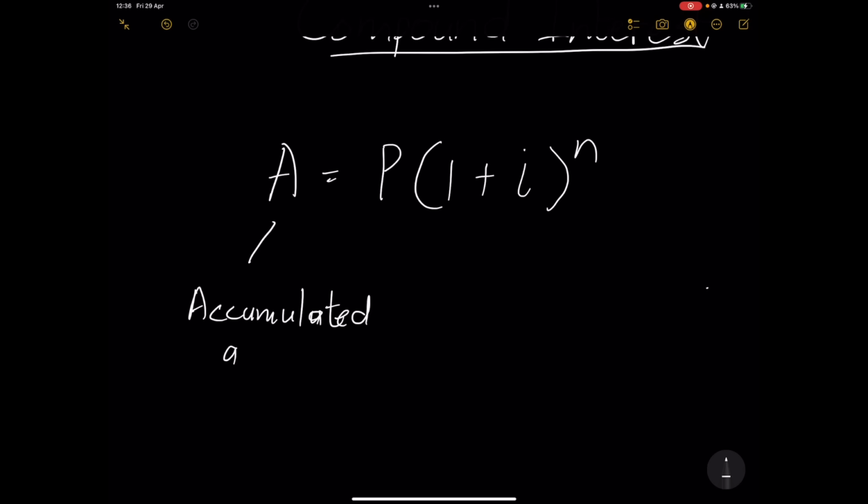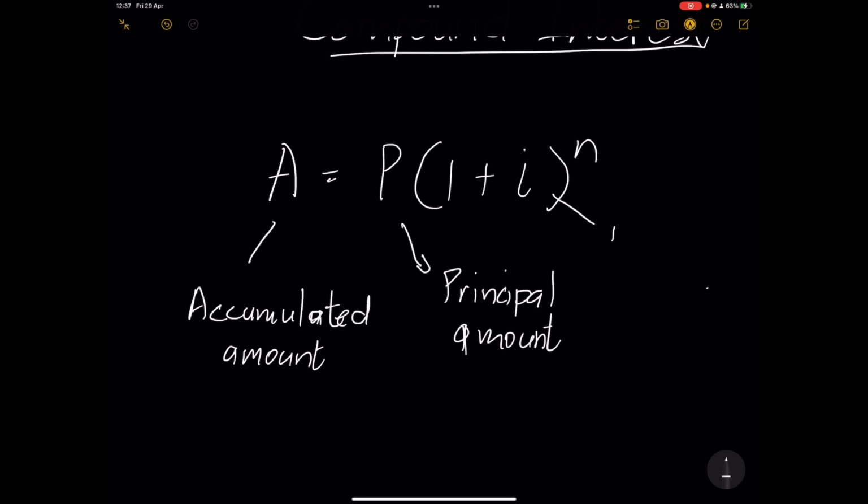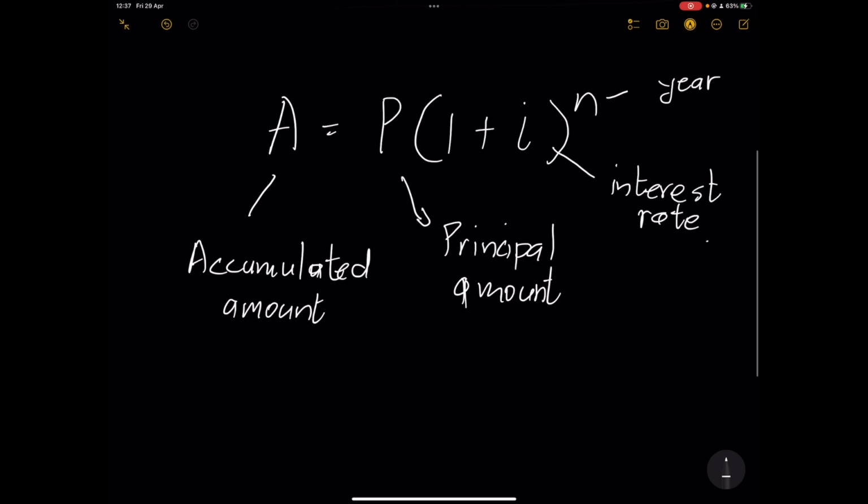Okay, and of course, this would be the principal amount, as we did say, the initial amount that is used. Of course, that's our interest rate. And of course, this is our period, which normally we talk about in years, right?